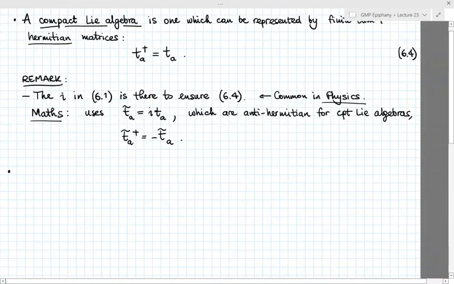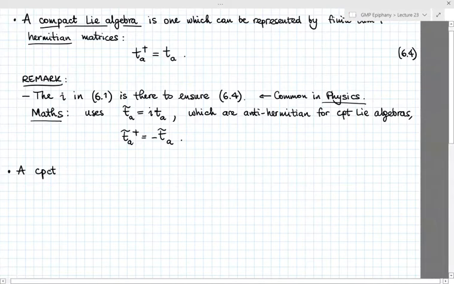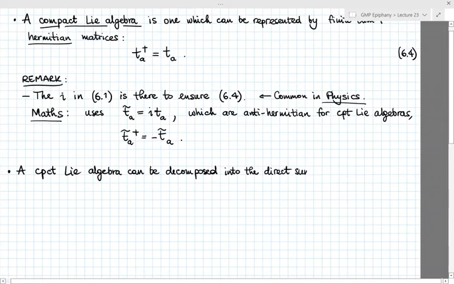Okay, next I'm making a claim, which is really the statement of a theorem that I will not get into. The statement is that a compact Lie algebra can be decomposed into the direct sum of U1 Lie algebras and of simple Lie algebras.